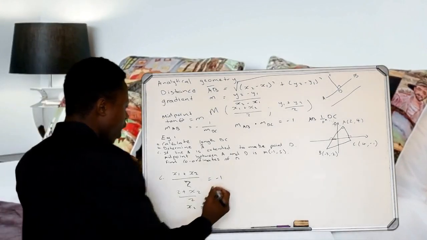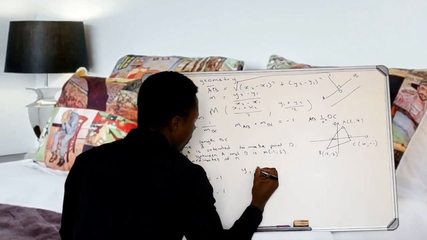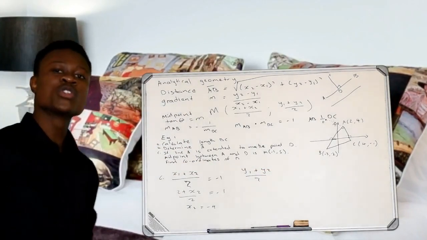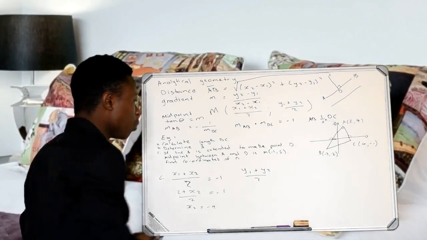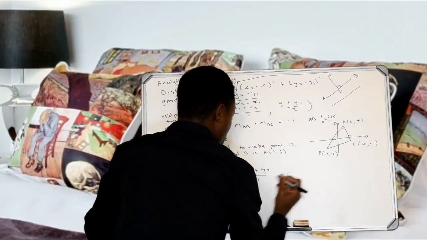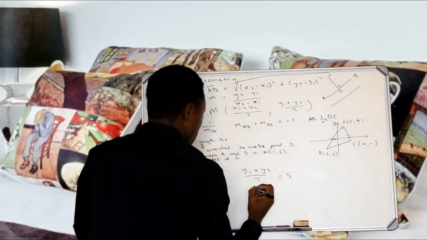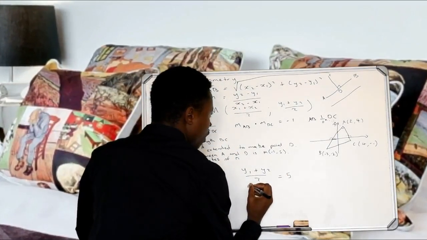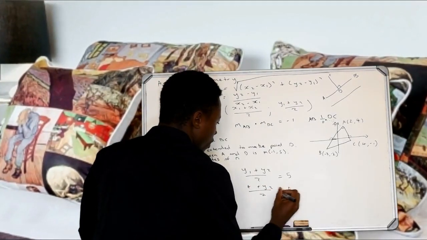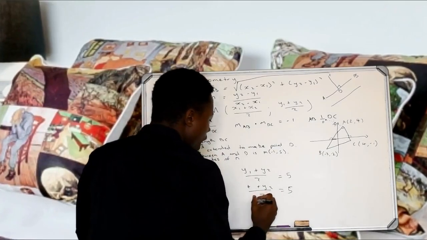And then let me look for the y coordinate. It will be y1 plus y2 divided by 2, which is equal to the y coordinate of the midpoint, which is 5. If I substitute the values, y1 is 4, plus y2 divided by 2 is equal to 5.